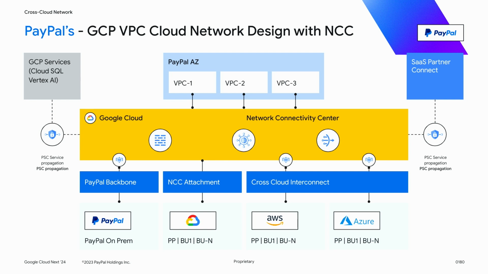We are using the NCC attachment as an add-on capability as they recently introduced, and Cross-Cloud Interconnect. As Himanshu brought up, this is the latest feature they enabled. We are leveraging that for connecting to AWS and Azure where we don't have our backbone connectivity. So it's all coming together as part of our next generation design.